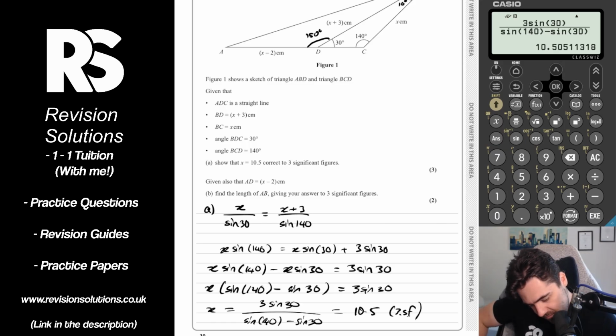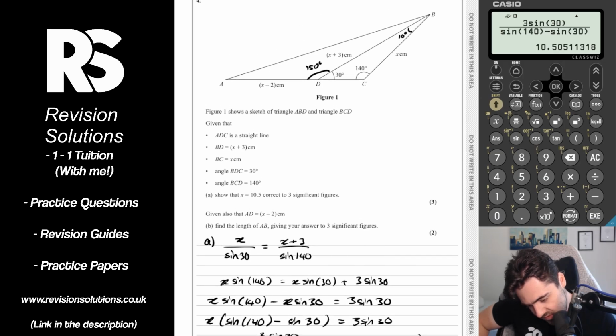Okay, then for part B, it says given also that the length of AD is x minus 2, so that's on the diagram already. Find the length of AB. Well, now that we have x in this triangle here, so ADB, we do have side, angle, side.